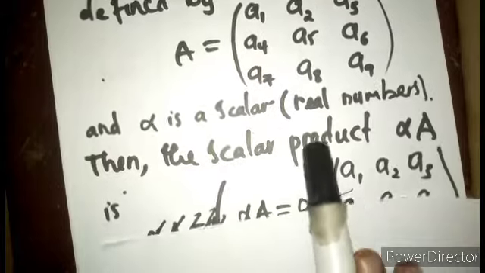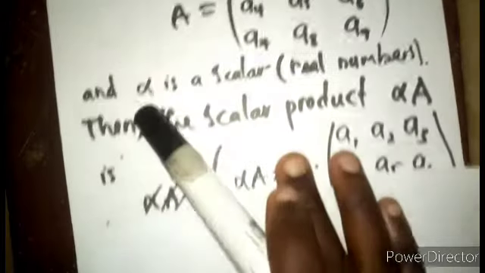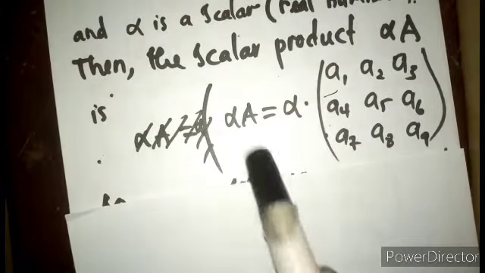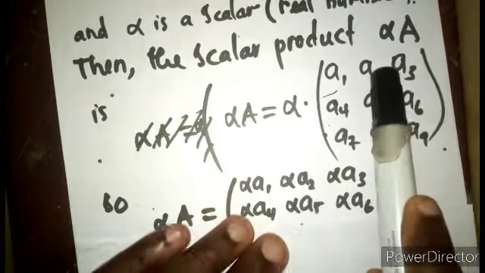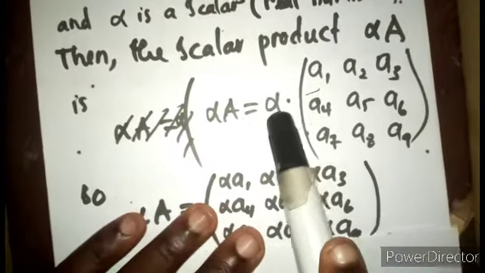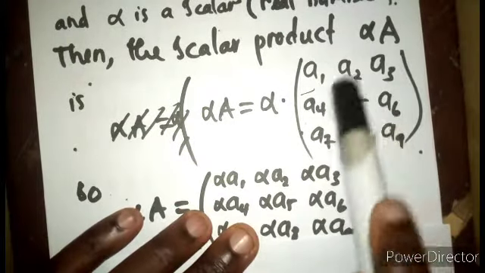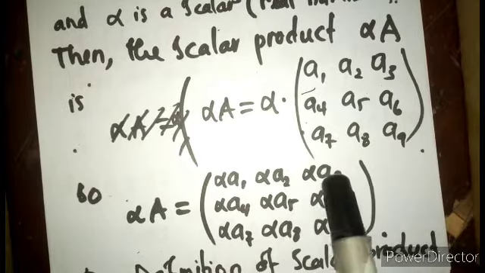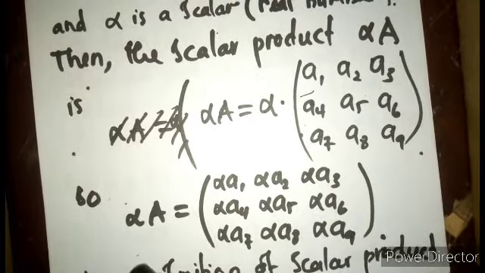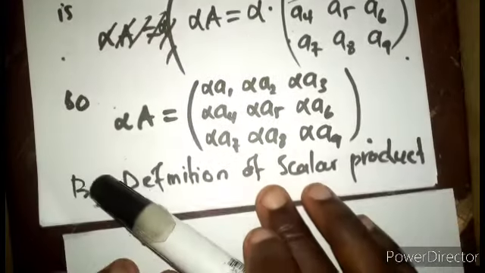Then the scalar product alpha A is written as alpha times the matrix A itself. Now we use alpha here to multiply each entry. So we have alpha A1, alpha A2, alpha A3, and so on till we get to alpha A9.